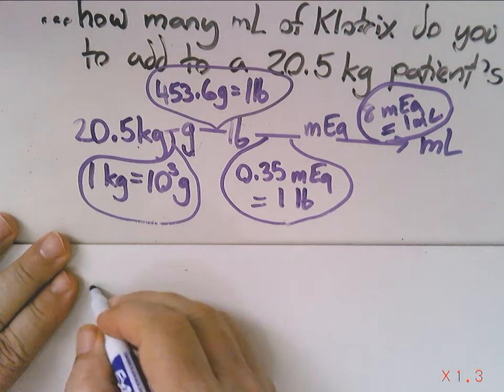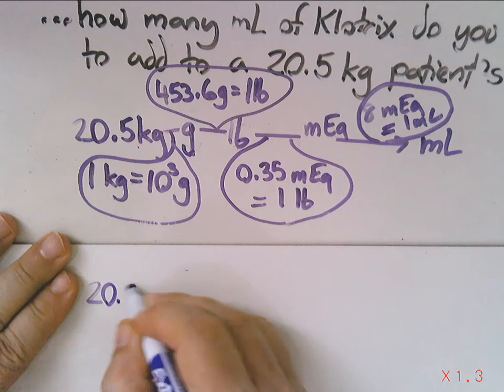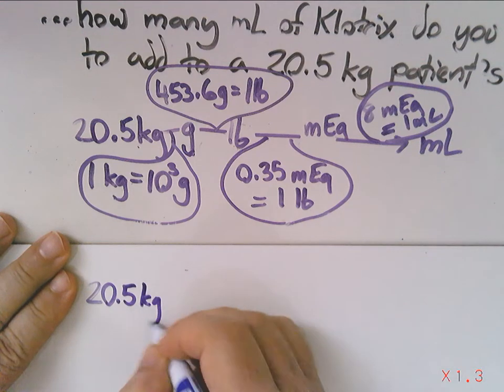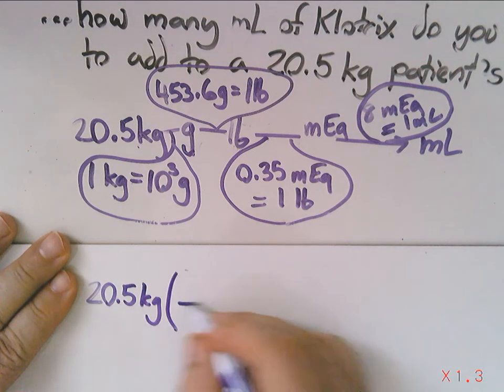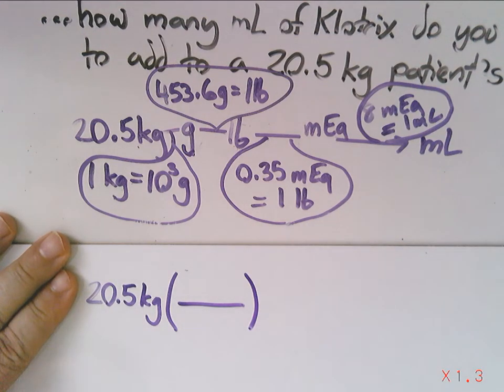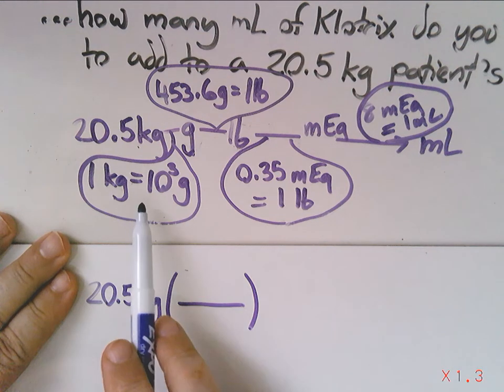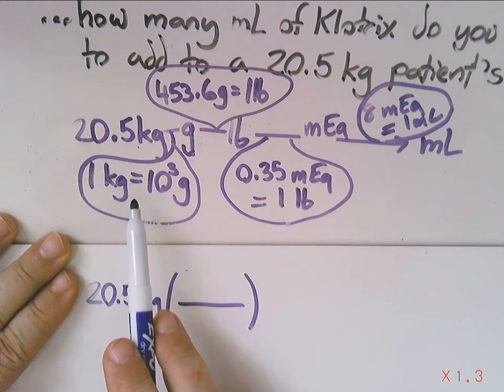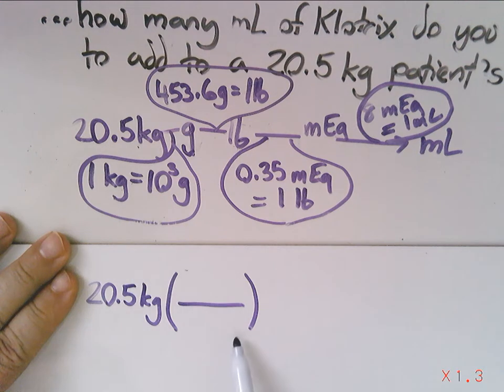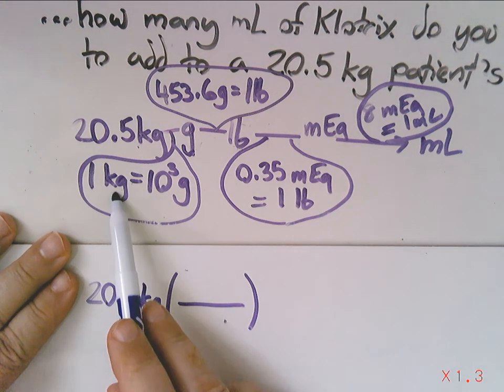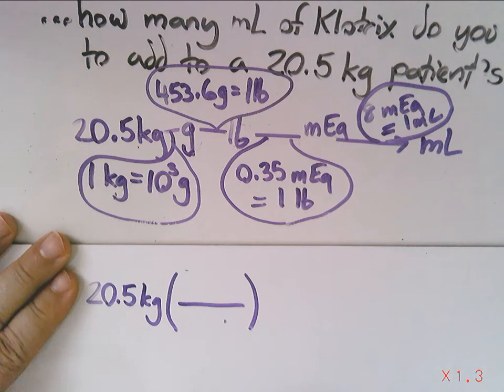Now I'm going to write down my starting point again. And there's my conversion factor. I'm going to take my first link from the roadmap and turn it into a fraction. What do you think I should put on the bottom? Should I put kilograms on the bottom or grams?